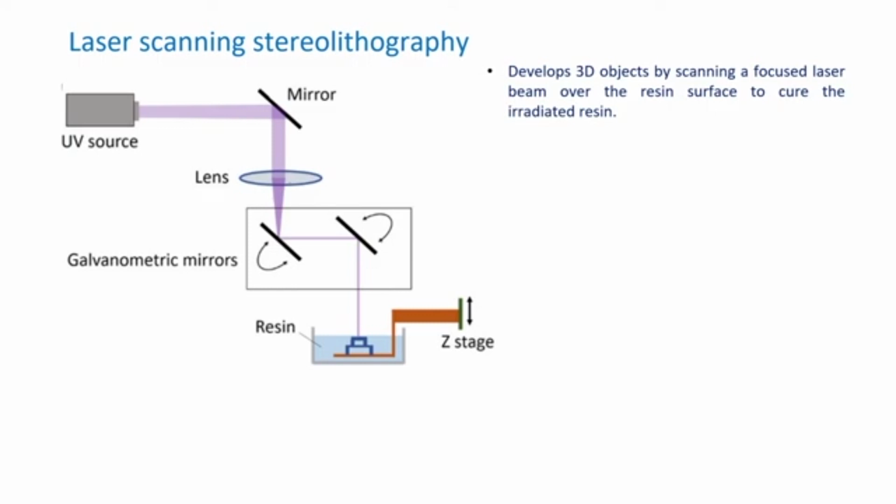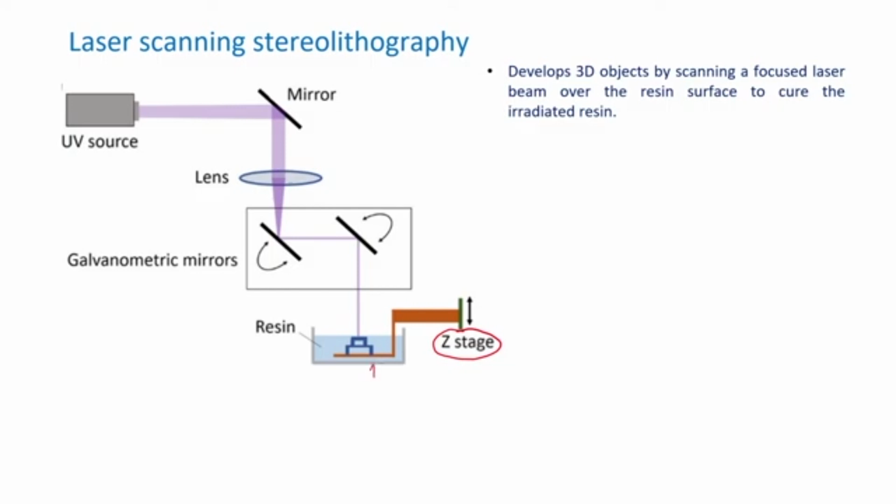On your screen you can see the arrangement of a laser scanning stereolithography system. Here we have a stage, which is an electromechanical device controlled by a CNC based controller, and on this stage the final work part is developed.